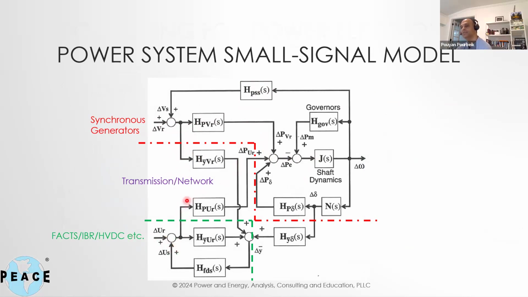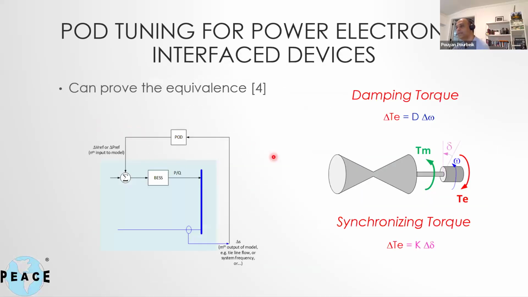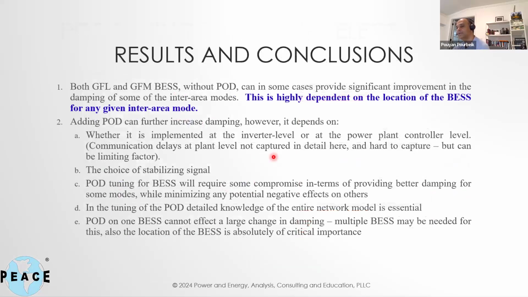That is not true in the case of an IBR. And so you can't really say and demand, oh, you need to have a POD on every IBR, because without an understanding of the network, without an understanding of where it's located, its size, you can't really understand if a POD is going to be effective or not. So it's not something you can require as a standard.